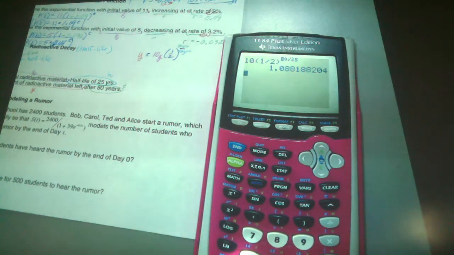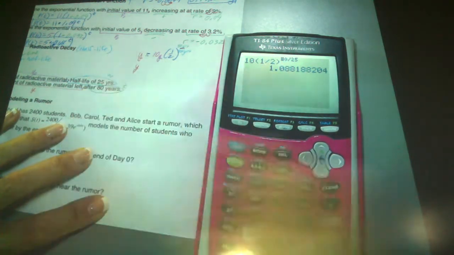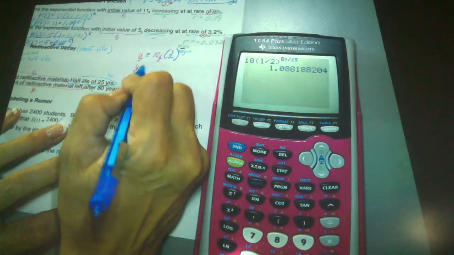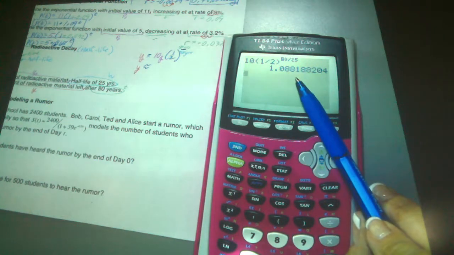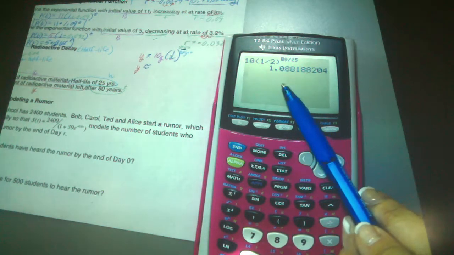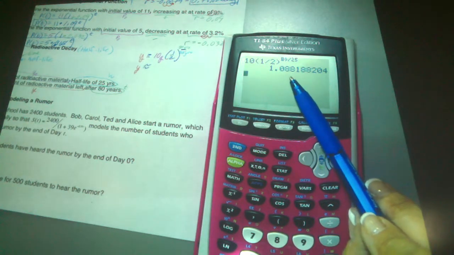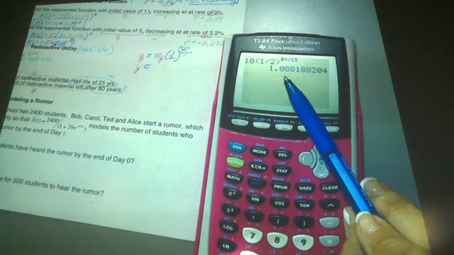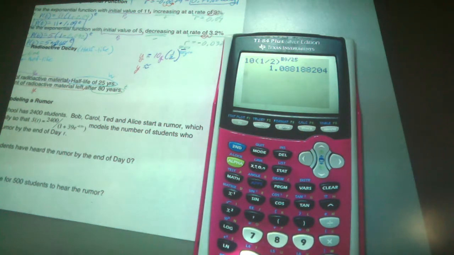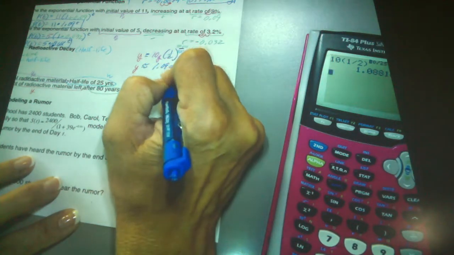If we're not told where to round, what do we do? We're going to round to 2 decimal places. I am going to start to mark you off for rounding incorrectly. What do we round to? Look next door, you have an 8 next door that's 5 or higher, so you bump this one up to a higher number, so it's 1.09. And that's in grams.